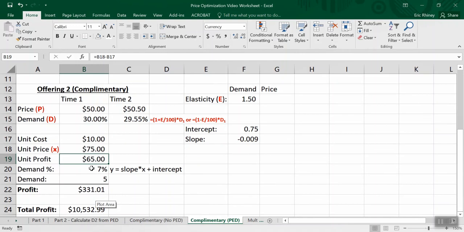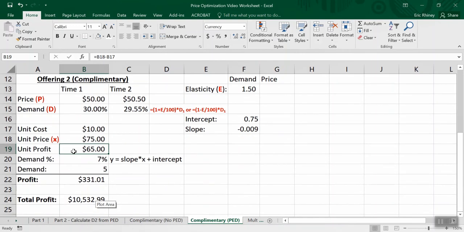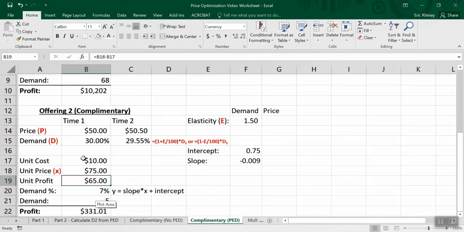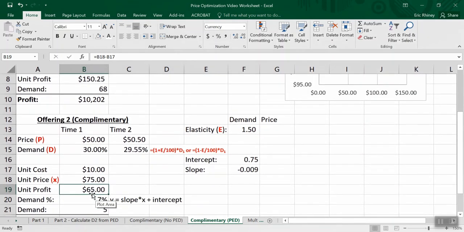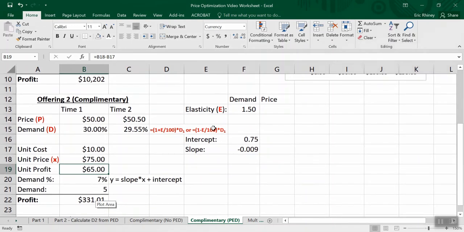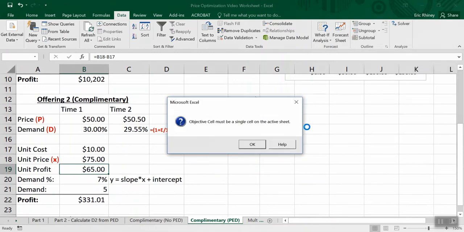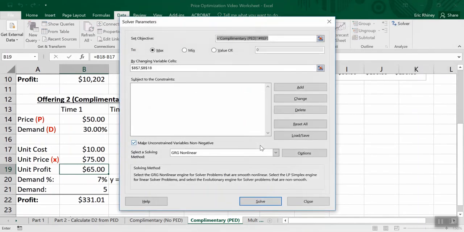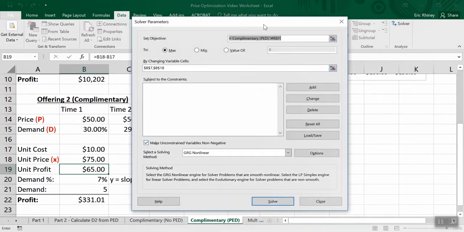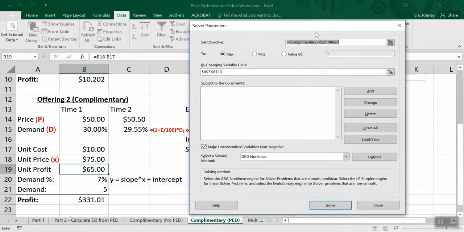And we can see what our profitability is. So now that we have this, nothing else changes. We still have our total profit, which is based off of the profit of each of our offerings. We can go back into our solver and we can figure out what our price is going to be that optimizes, that maximizes our profit.